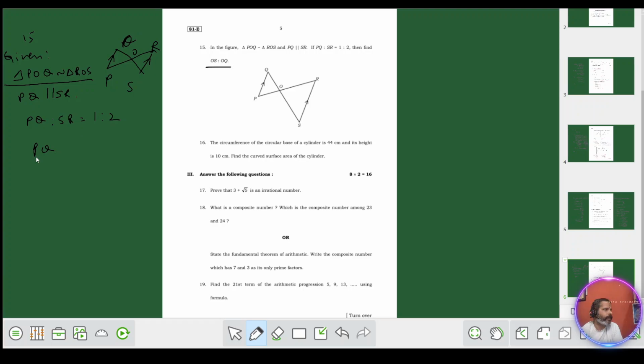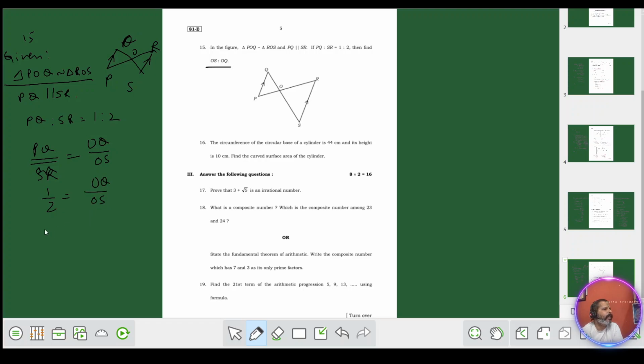Therefore, PQ by SR is equal to OQ by OS. PQ by SR is how much? 1/2. That is 1:2. OQ by OS is asked here.